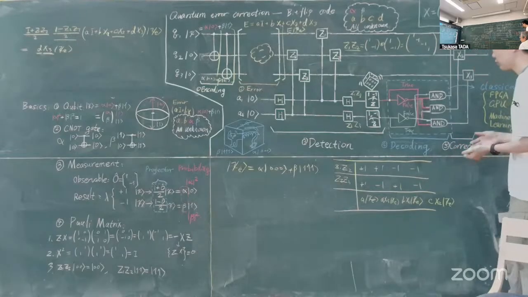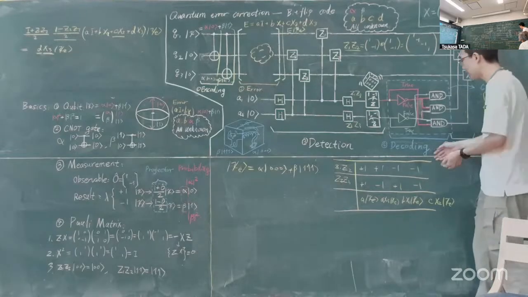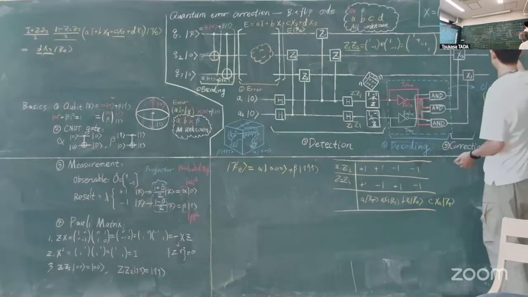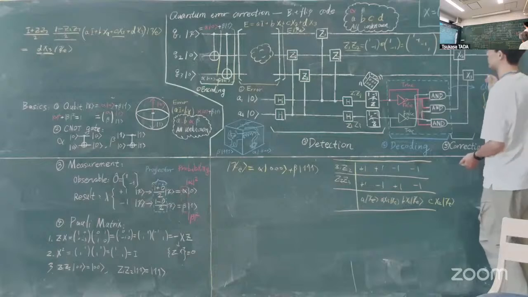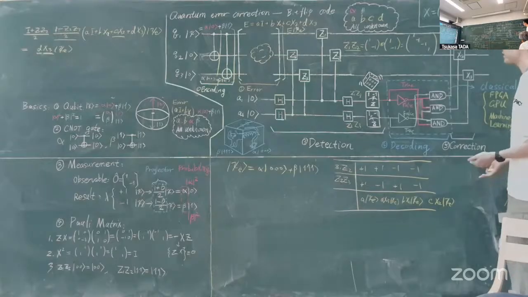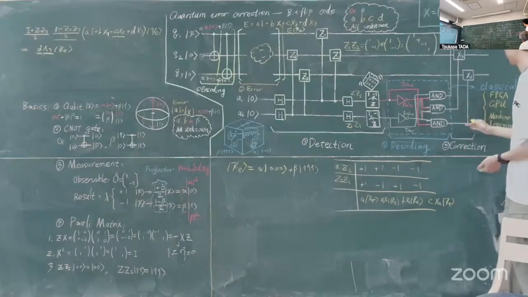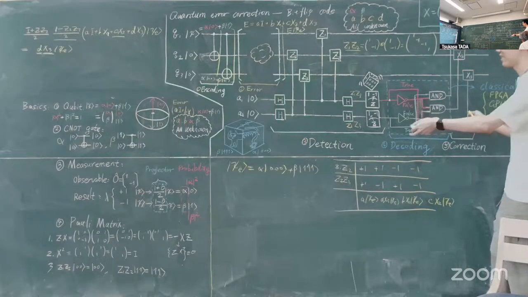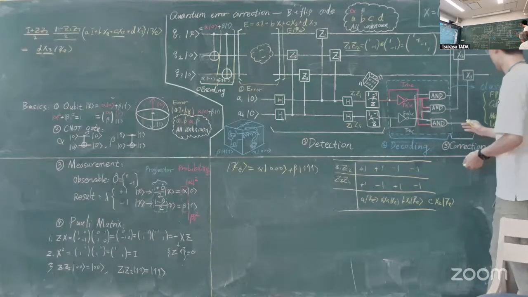So no matter what the error collapses to here, after the correction, we will always derive a final quantum state of psi here, the encoded quantum state. So the error has disappeared. So this is how quantum error correction works in the quantum circuit. So this is how this quantum error correction works.